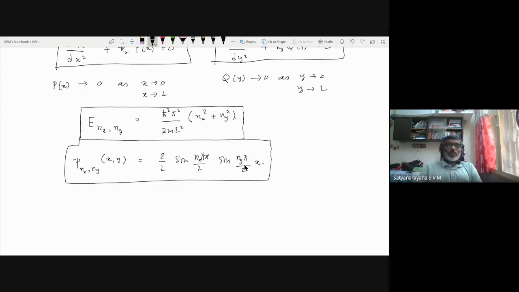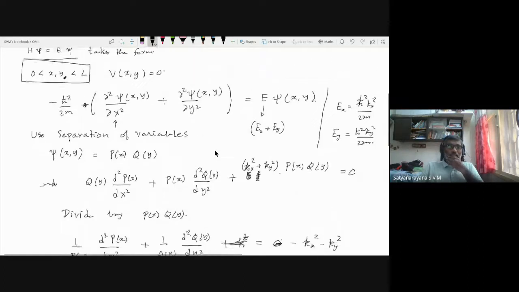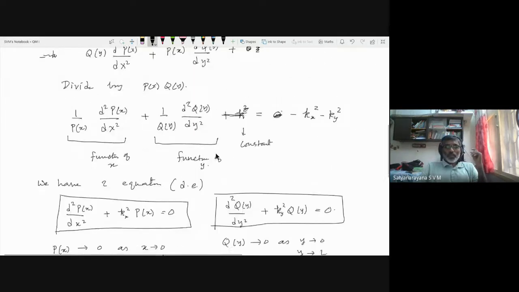Now the problem is completed. We have exactly solved this problem of a particle in a two-dimensional box.